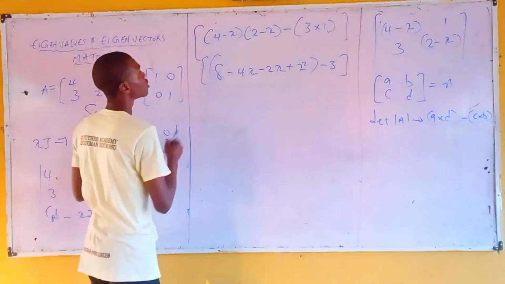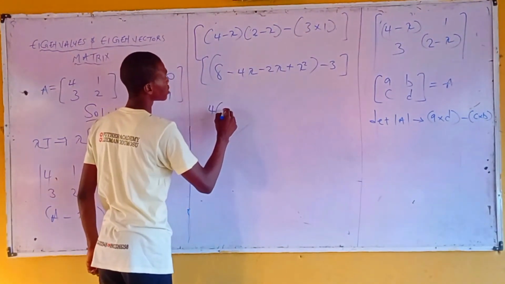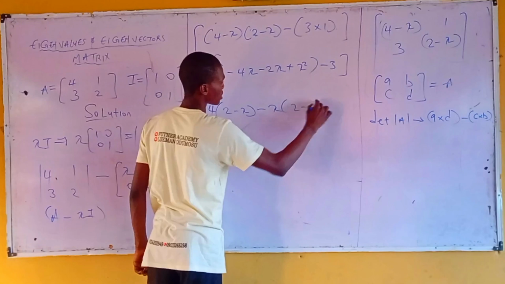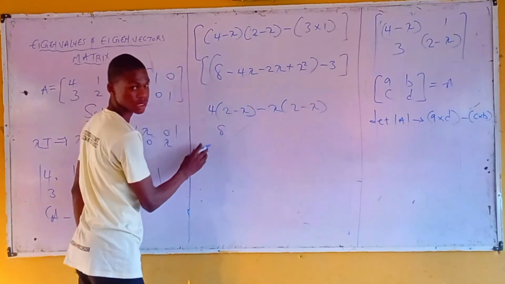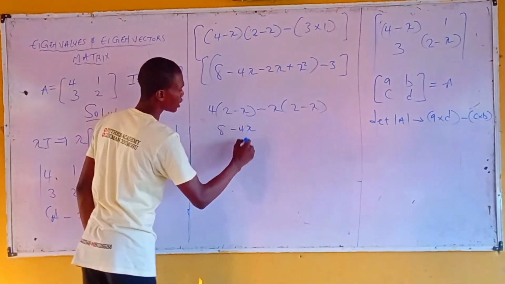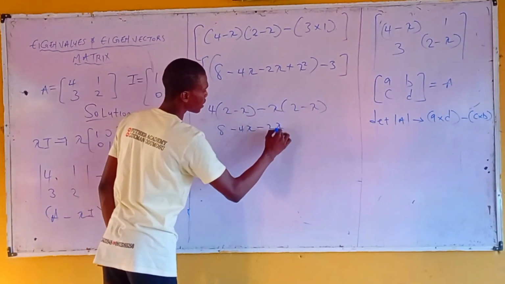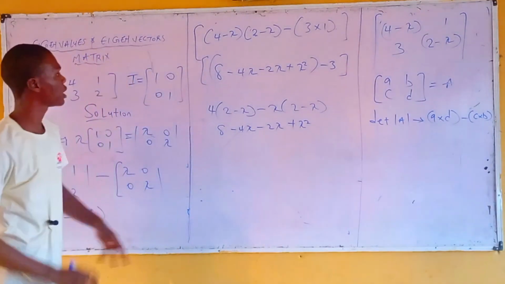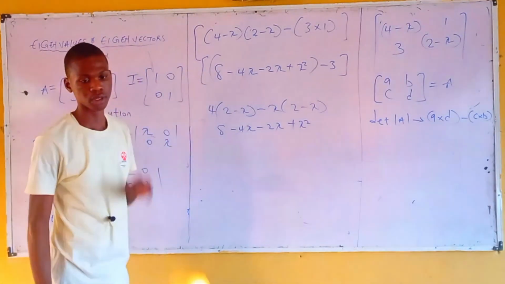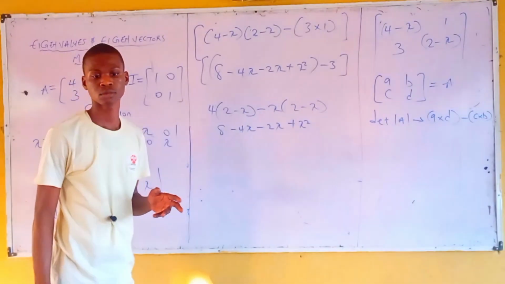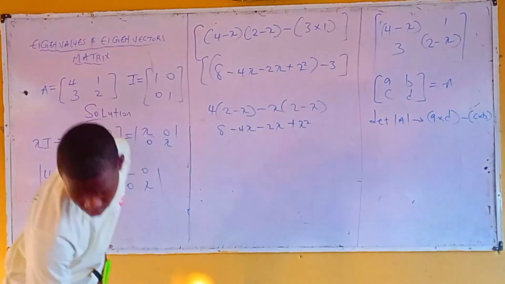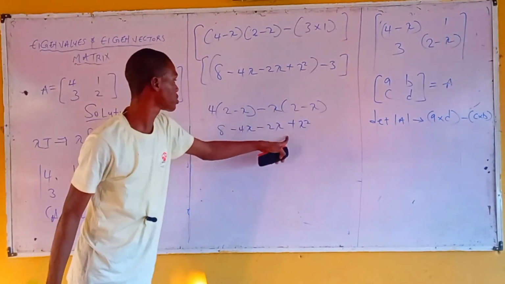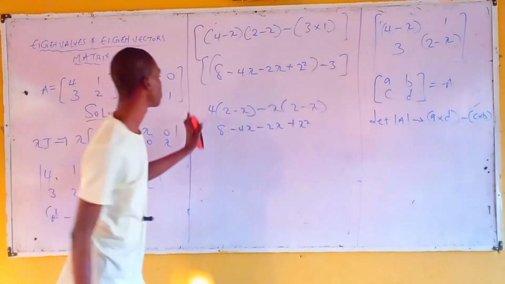You distribute 4 all into bracket 2 minus lambda, negative lambda all into bracket 2 minus lambda. 4 times this, what do you have? 8. 4 times this, negative lambda. This times this, negative lambda. This times this, positive lambda square. And that's what we got here. Any question? Now moving on. Minus lambda and minus lambda. Negative times negative, positive, lambda times lambda, lambda square.